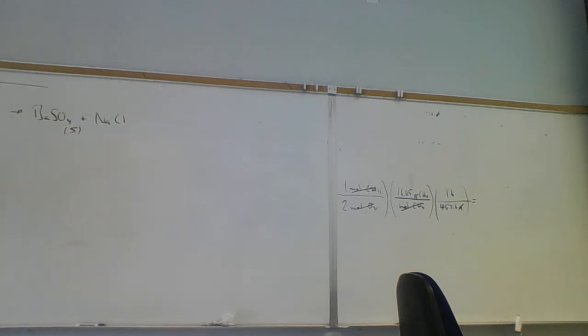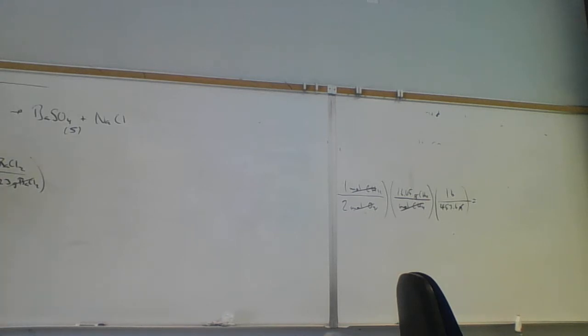And the two chlorines, each one's 35.45, so 2 times that is 70.90. I get 108.23. And so a mole of barium chloride formula units weighs 108.23 grams. So the grams of barium chloride cancel out.